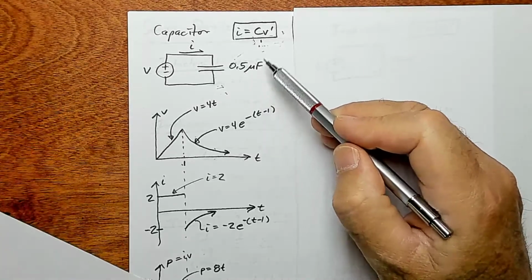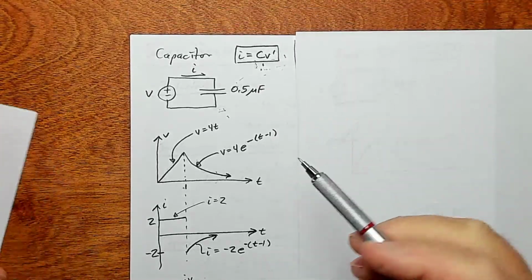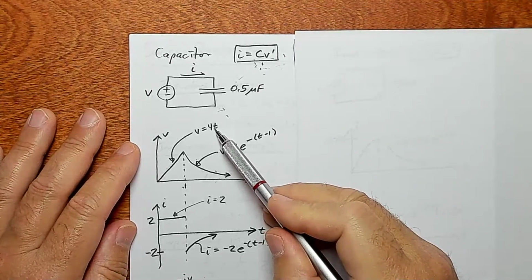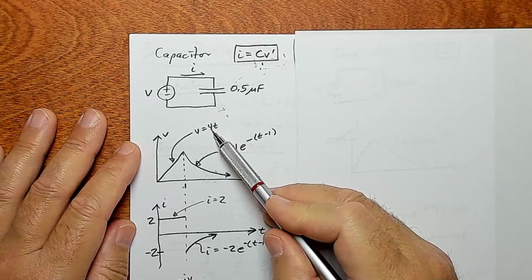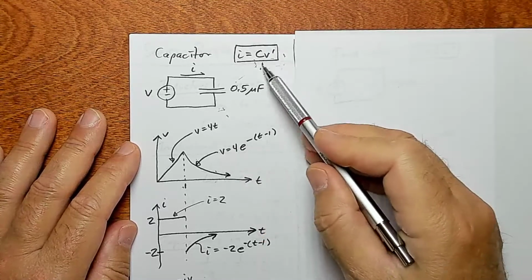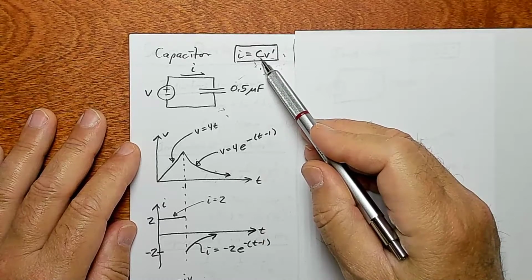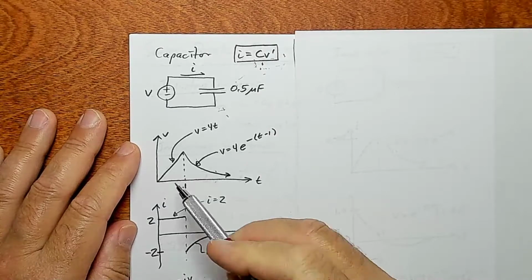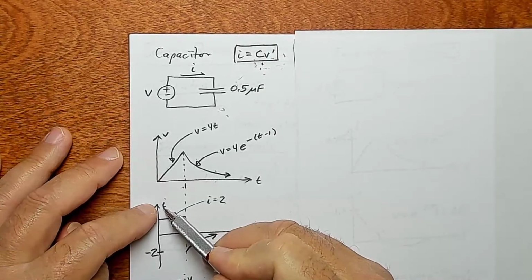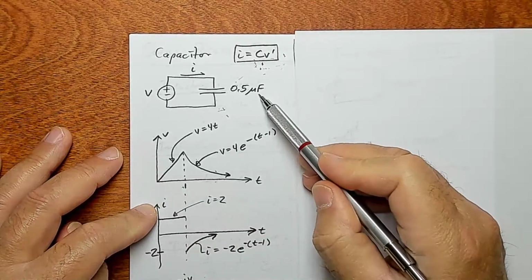The derivative of 4t is just 4, right? 4 times 0.5 is going to give you 2. So I is 2, and this is going to be microamps because of the microfarad in there.